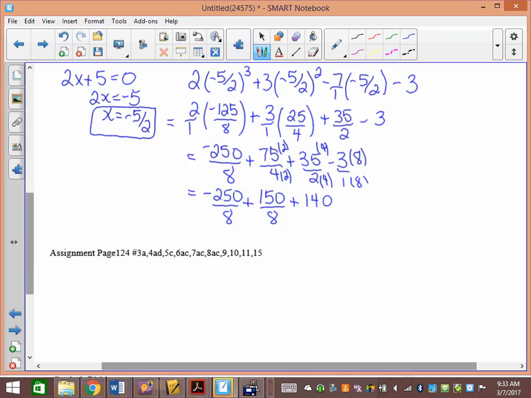Is that 4? I think it's 4. Yep, 4. 140 over 8 minus 24 over 8. And then negative 250 plus 150 is 100, plus 140 is 240, minus 24 is 116 over 8.